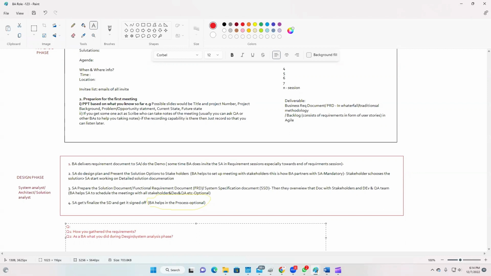So there is a question zero. You can say that is like, how you started working as a BA, or how you prepared for requirement gathering, or what you did as a BA before the requirement session.